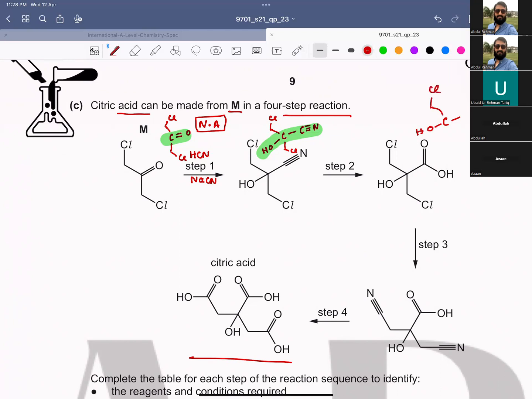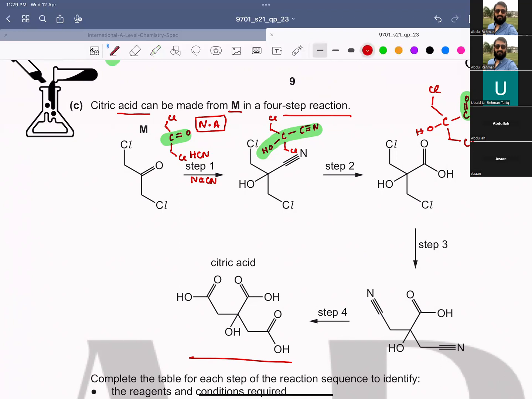This structure remains the same, that CH2 bonded to Cl, and here CH2 bonded to Cl. But this carbon nitrogen triple bond is actually converted into a carboxylic acid. So the change is in this part, and a nitrile is converted into a carboxylic acid.